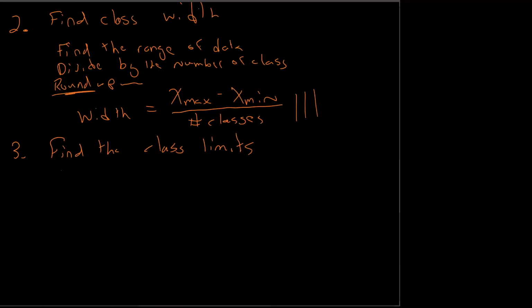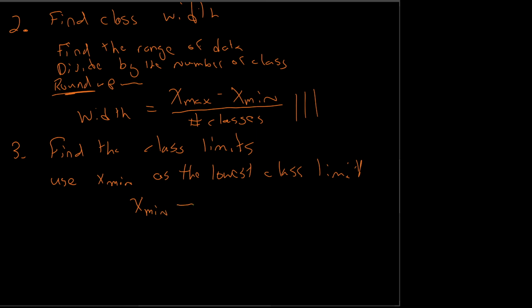And you do this by use the minimum value as the lowest class limit. And then what you do is find the next. So remember, x min you put here. Then your next lower limit is going to be the x min plus your class width.